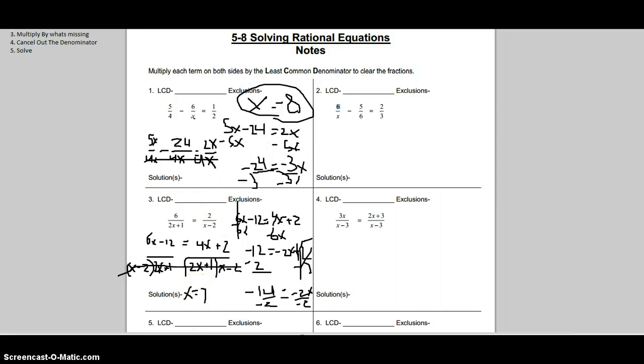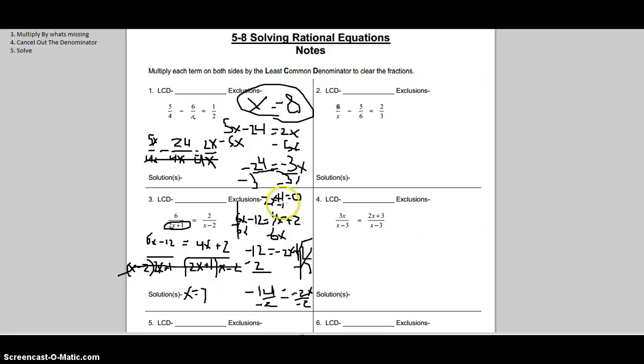Oh yeah, and the exclusions, I forgot to do that in the first problem. You want to set the denominators that have x's in them equal to 0. So you want to do 2x plus 1 equal to 0.